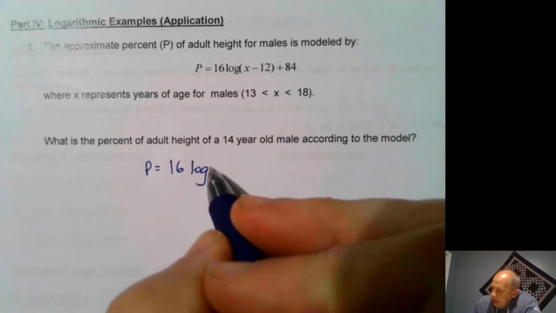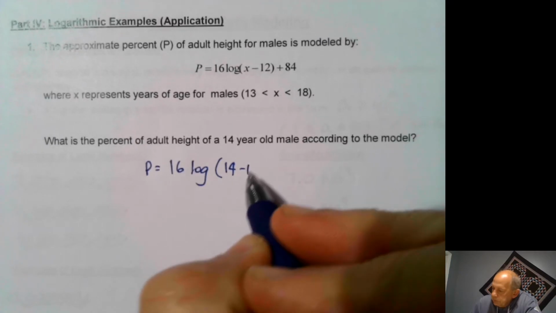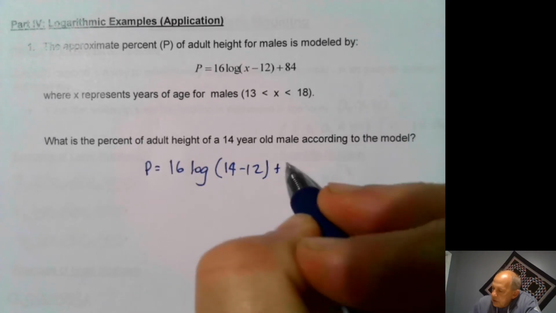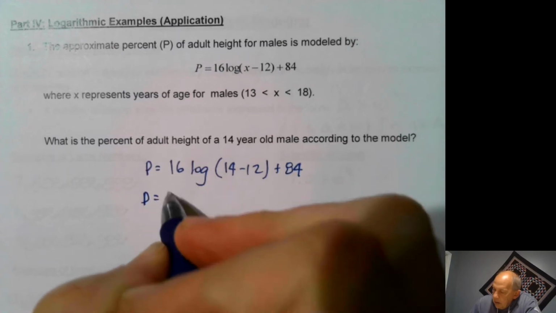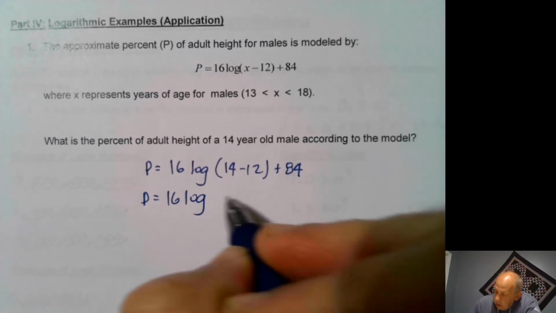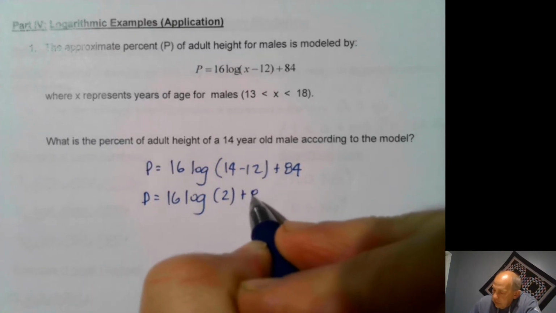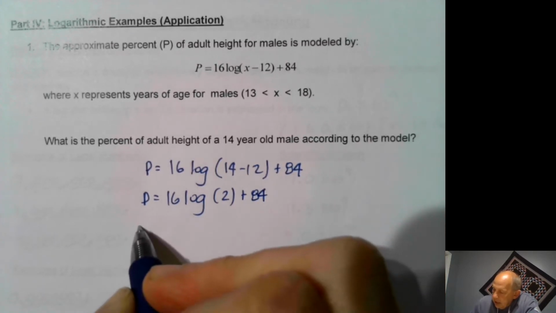So I have 16 log of 14 minus 12, plus 84. So all I did was substitute 14 into the model. Now, I have 16 log 2 plus 84.